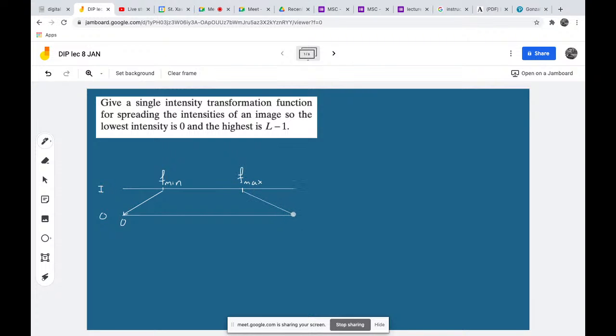The maximum of the image goes to the highest gray level. Highest gray level, remember, we typically write as L minus 1. If it's 256, then L minus 1 is 255, something like that. And then each one of the input gray levels will scale accordingly.